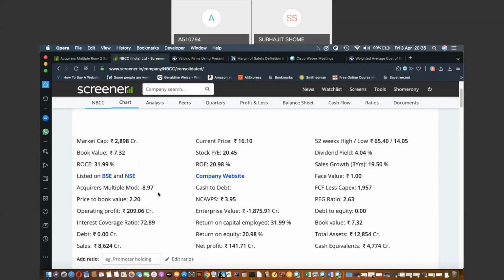So what is market cap plus total debt? It should be 2898 only. Yes, it's the same.